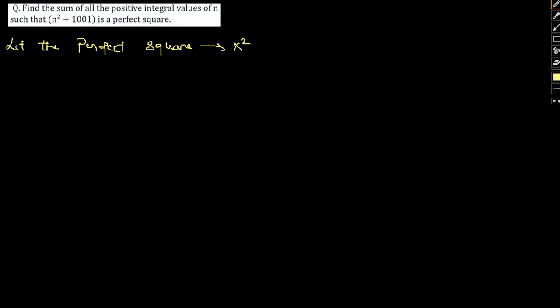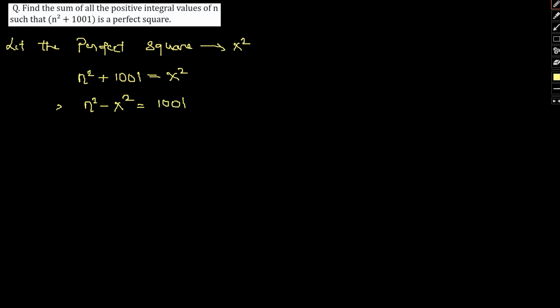Then we have n square plus 1001 is equal to x square. Since this is a perfect square, I am assuming this number to be x square.